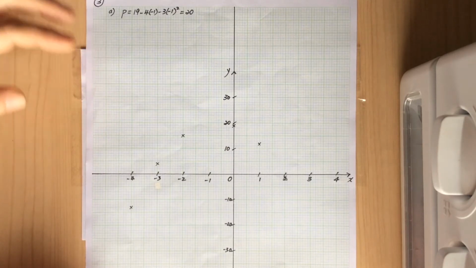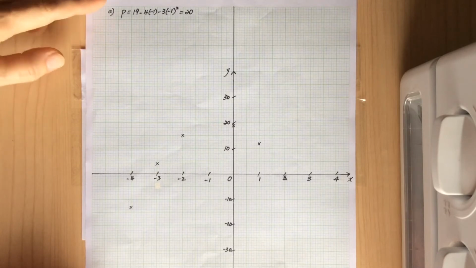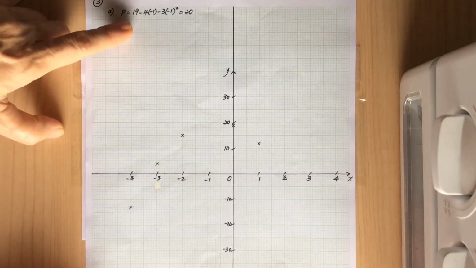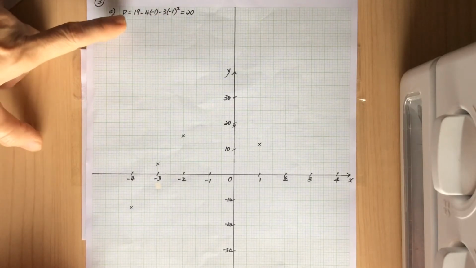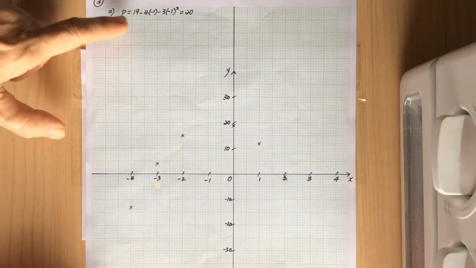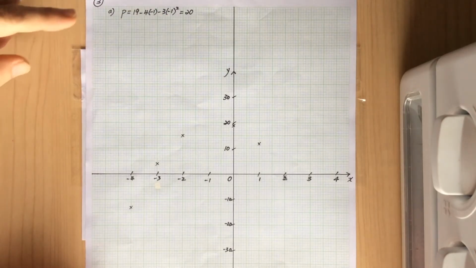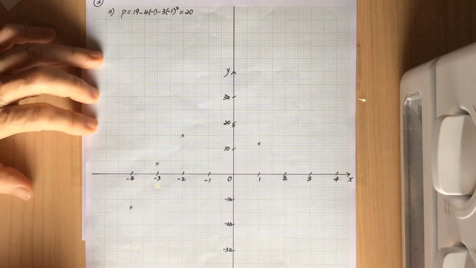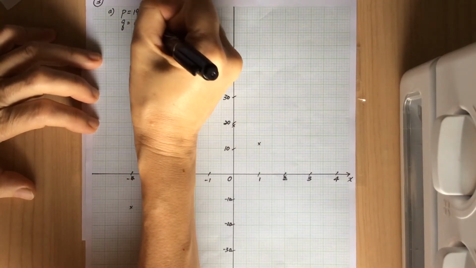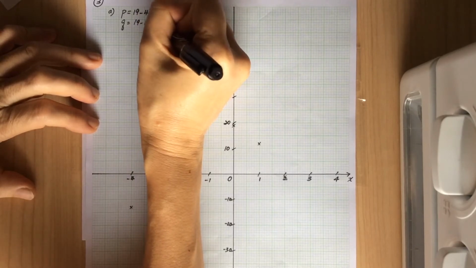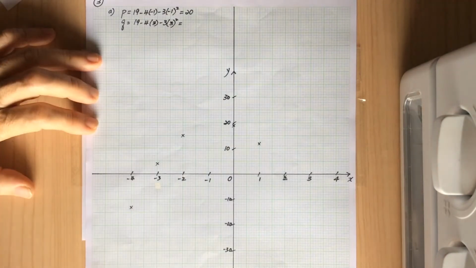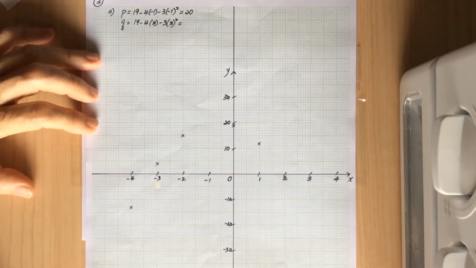So I need to find out what are the P and the Q. I'll do the calculation. When x is equal to negative 1, I do substitution and find out P is equal to 20. Then next I'm going to find out Q, when x is 3: 19 minus 4 times 3 minus 3 times 3 squared, which is 19 minus 12, 7.